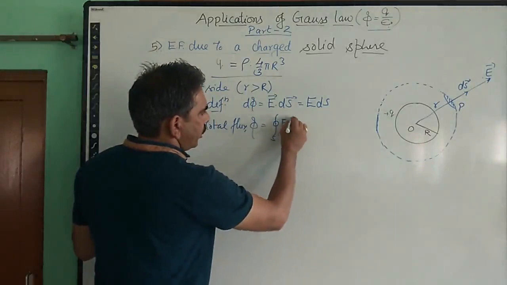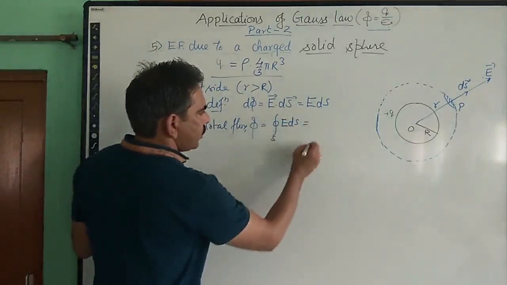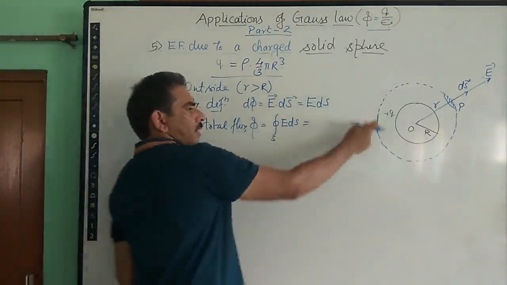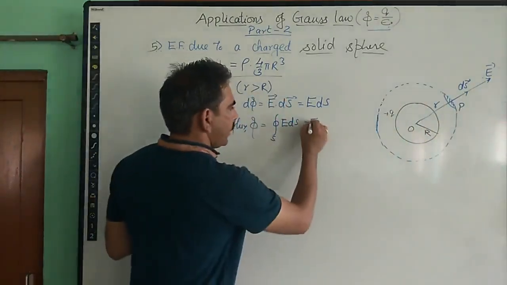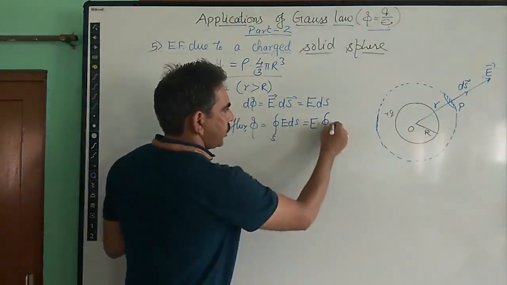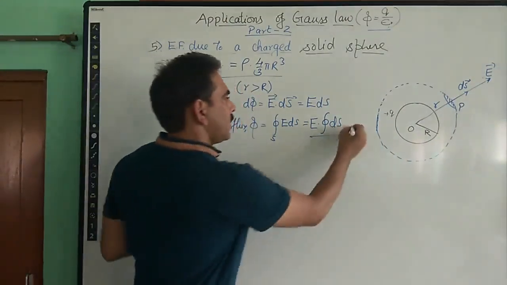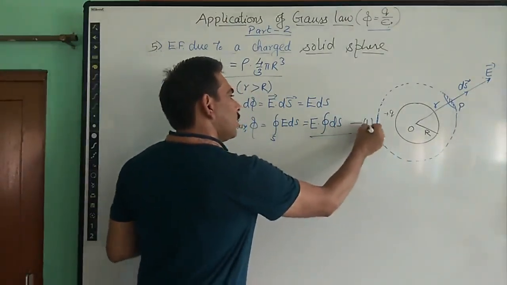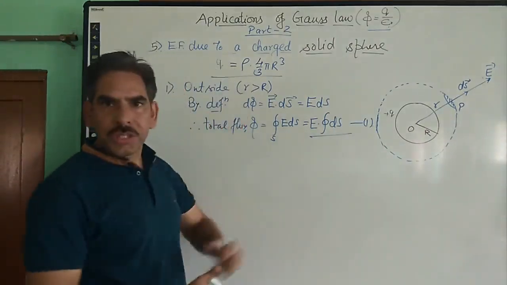So it is the integral of E dS. Because the electric field at every point of this Gaussian surface is constant, we can take it outside the integral sign and we are left with only this expression. So this is the electric flux by the definition of electric flux in the given situation.